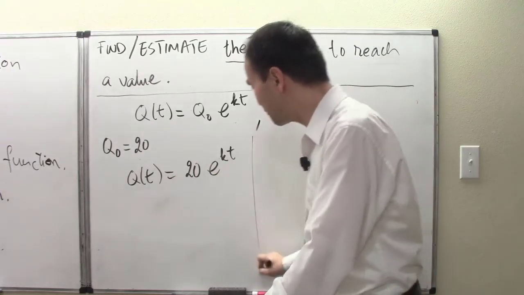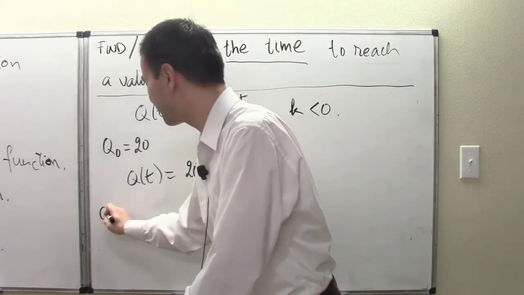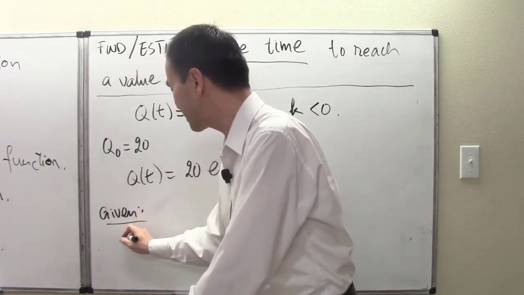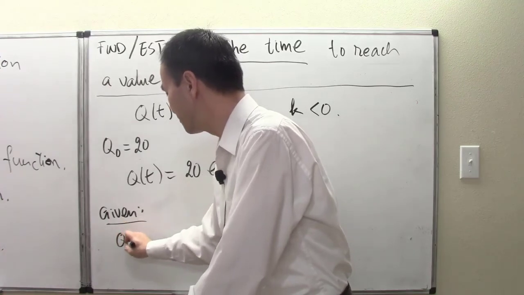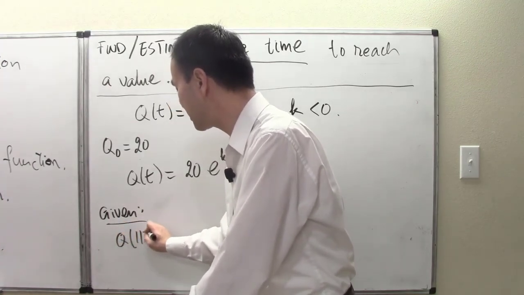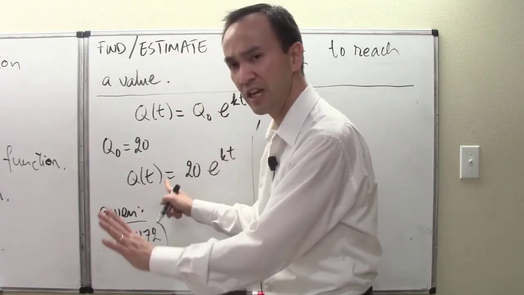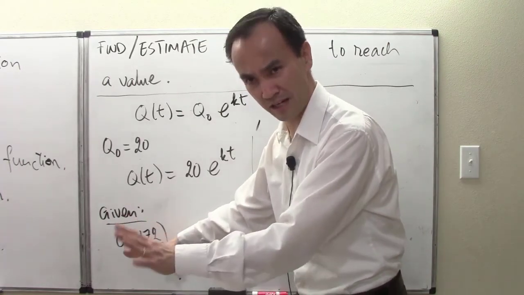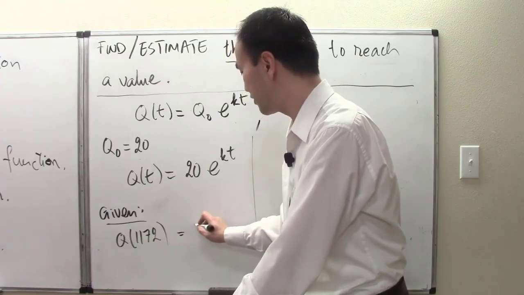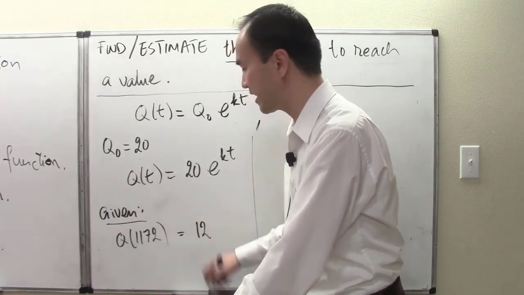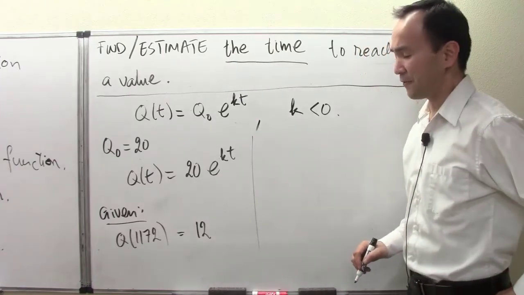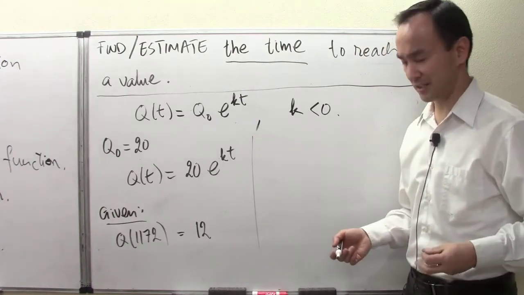So now in order to find what we know as far as given information, we know that Q of 1172, because time is in years, it took that many years to decay down to 12 milligrams. So in other words, this is what we're given.